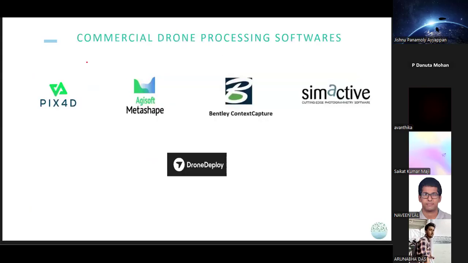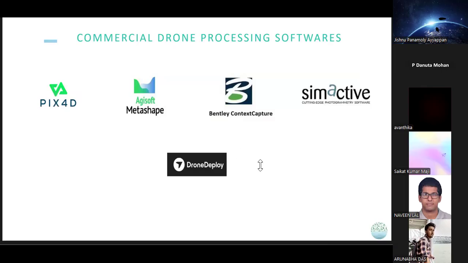Now, these are a few commercially available drone processing software. First is Pix4D, then Agisoft Metashape, then Bentley ContextCapture, then SimActive Correlator3D, and another one is DroneDeploy. There are also a few open source software, but as much as I have seen, the accuracy of the data varies a lot.